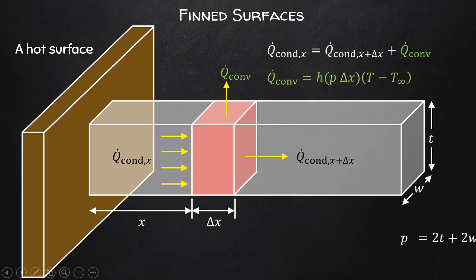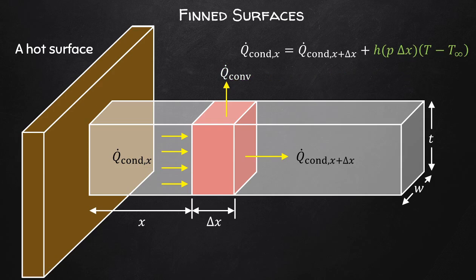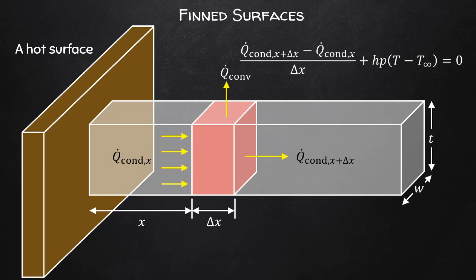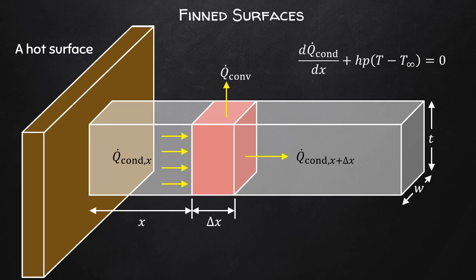Right. Therefore, we can substitute this area into our equation as shown here, and then add this to the total heat balance. And we rearrange the equation, and we see that we have a possibility of taking a limit. Okay, so that is what we do, and we end up with dq conduction dx plus a convection term.